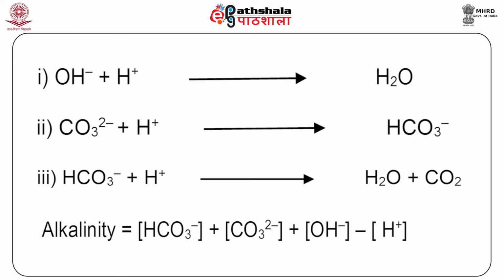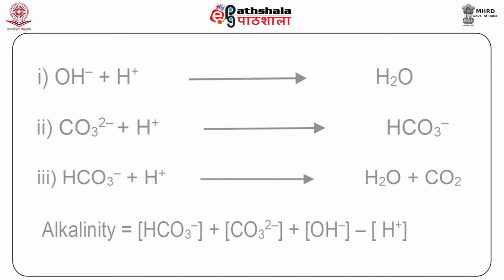The further amount of acid added after the phenolphthalein endpoint corresponds to 1/2 of the normal carbonate and all the bicarbonates, and the total amount of acid used gives the total alkalinity because all ions are present in the water sample. The alkalinity is then expressed in terms of equivalents or in milligrams per liter as CaCO3.